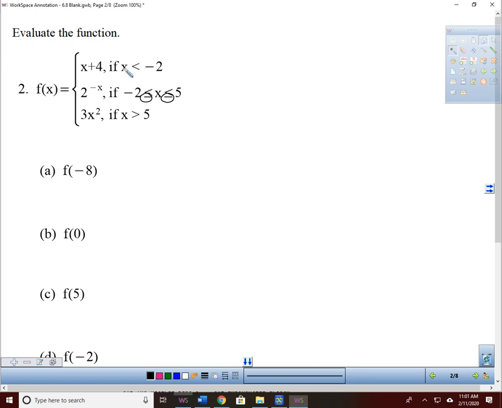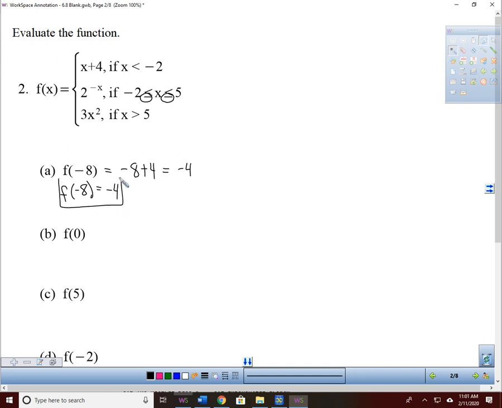Is negative 8 less than negative 2? Yes, it is. So I have negative 8 plus 4. I'm literally just taking that x out, putting a negative 8 in its place. Negative 8 plus 4 is negative 4. So f of negative 8 is equal to negative 4.